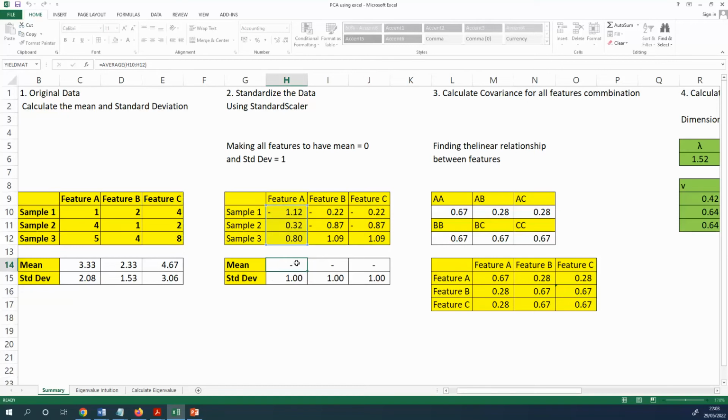The average of this, because this is minus and this is plus, it becomes 0, this is 0, this is 0, and the standard deviation will be 1 and 1. So we have the z-score of the standard scaler data.